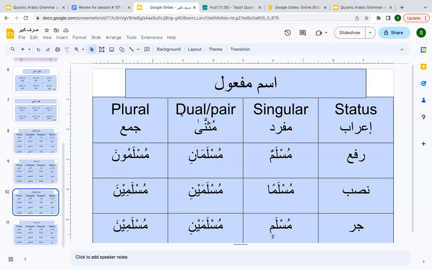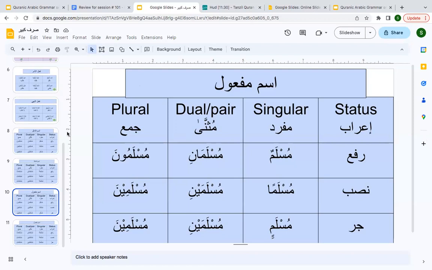But these words you are going to see very commonly. Maf'ul you will come across very commonly in Quran. Ism fa'il, you see it all the time. Innal muslimuna wal muslimatin, innal muslimina wal muslimatin. It's very important that you know where these words are coming from.